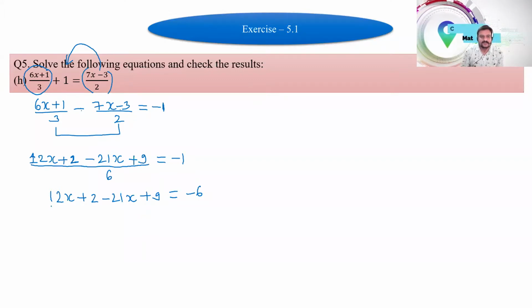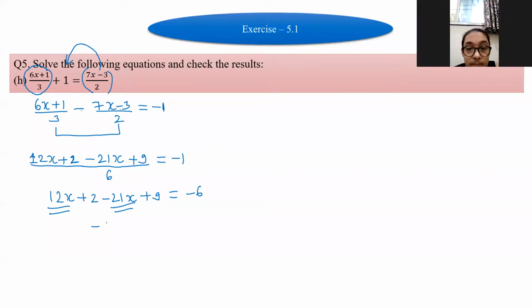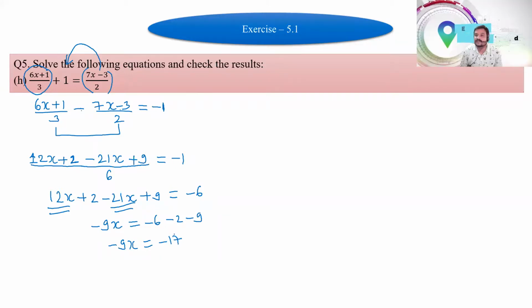Now what about these two terms? Sir, first we will take the variable on one side and the constants on one side. So minus 9x is equals to minus 6 minus 2 minus 9. So minus 9x is equals to minus 6 minus 2 minus 9, that is minus 17. Everything is in minus, beta.